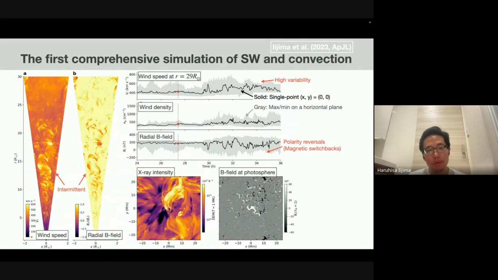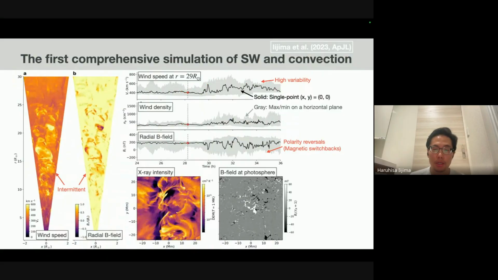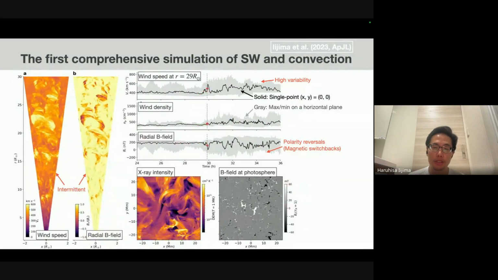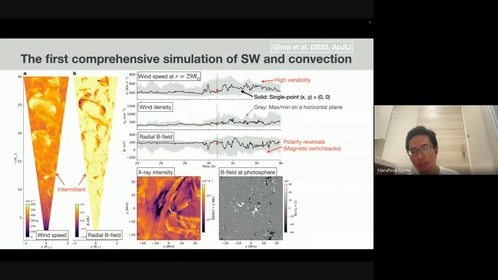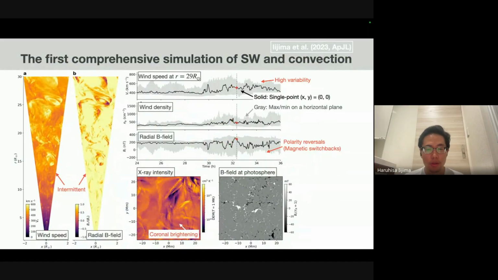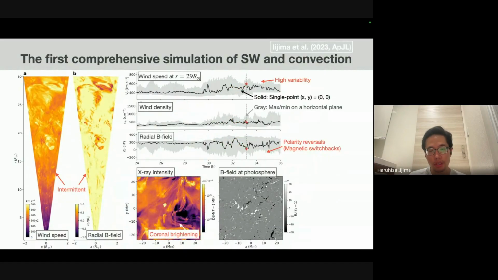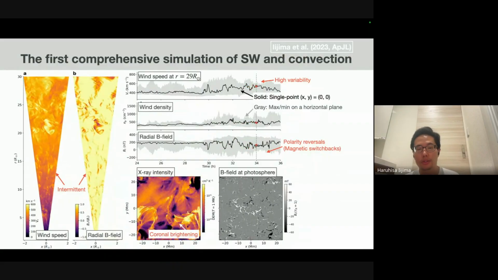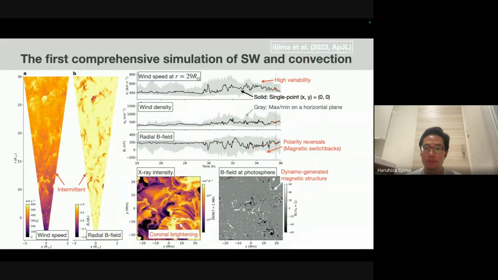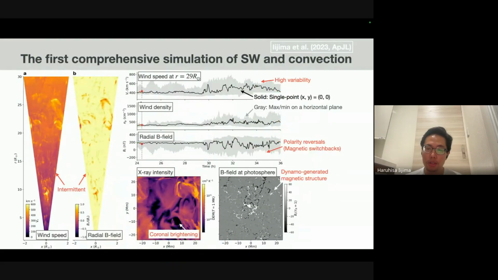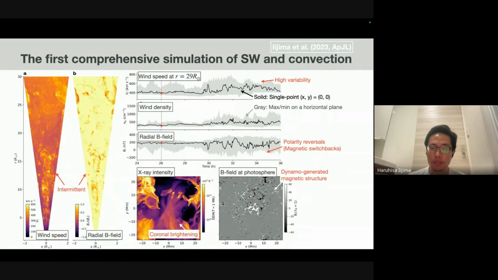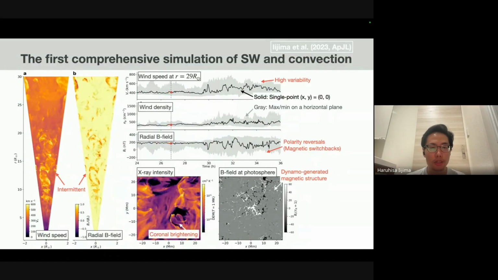The right bottom two panels show the measure of the X-ray intensity, more exactly the differential emission measure at 1 million Kelvin, and the photospheric magnetic field. We have a transient brightening in the corona, and also structured coronal loops, which are produced by the dynamo-generated magnetic structures, which are self-consistently generated in the numerical box.